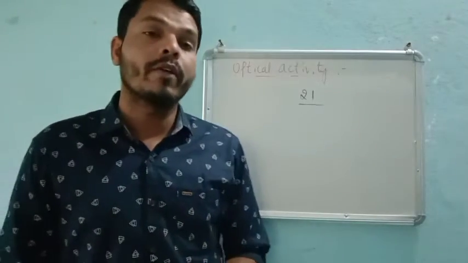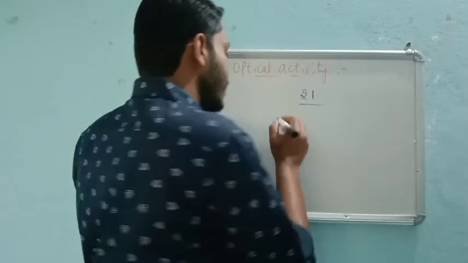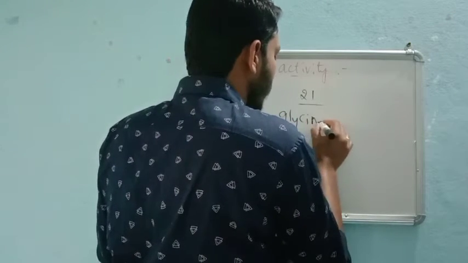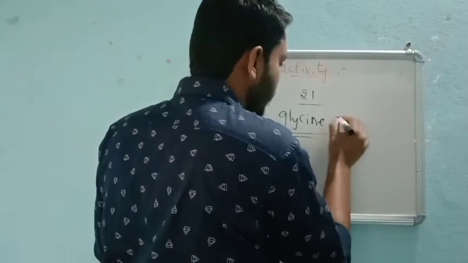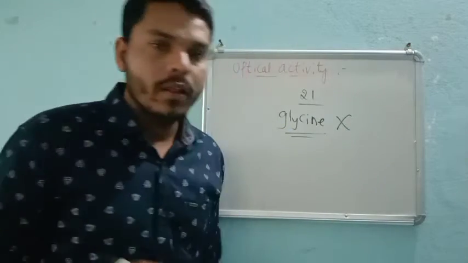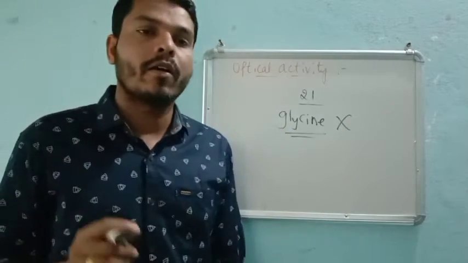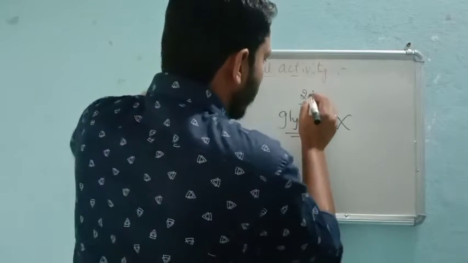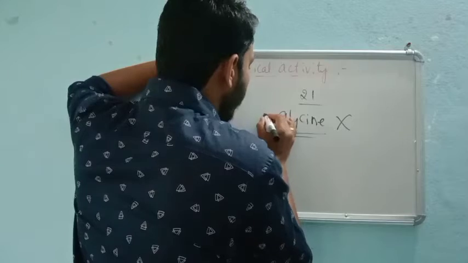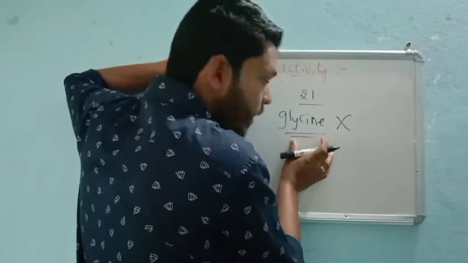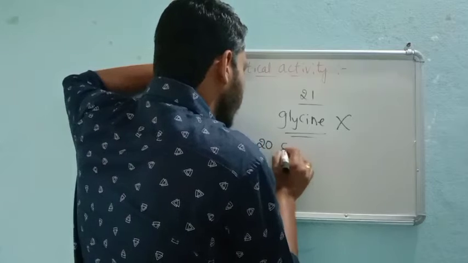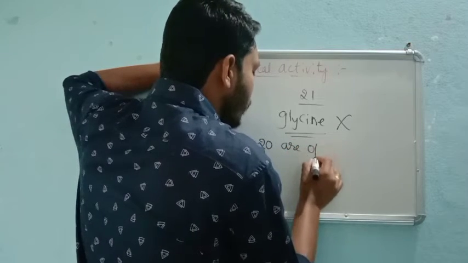Among those 21 amino acids, except glycine, very important. Except glycine, all the amino acids are optically active, right? I mean, among 20, one is optically inactive, which is glycine, and the rest 20 are optically active.